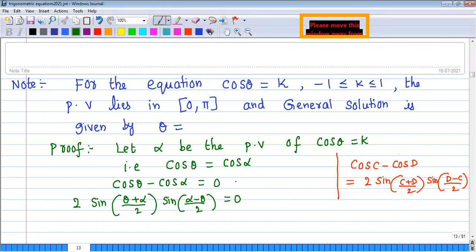Or we can write it like this also: cos alpha minus cos theta is equal to 0. If you multiply a negative sign on both sides, then we can write it as, convenient for us, sin of (theta minus alpha) by 2. Correct?